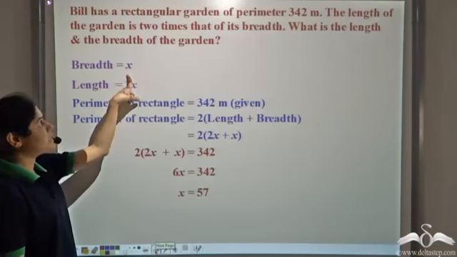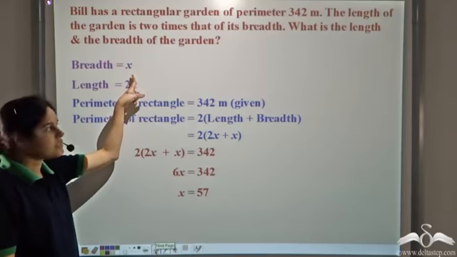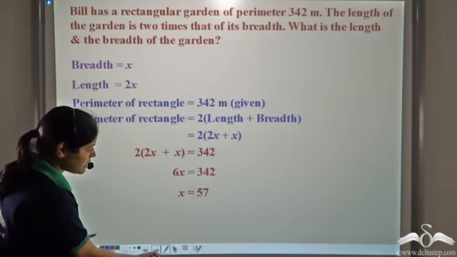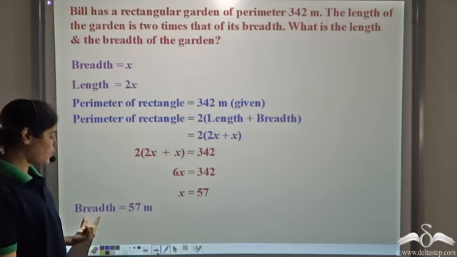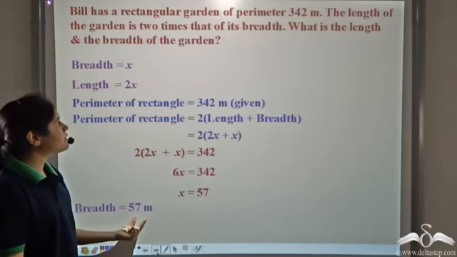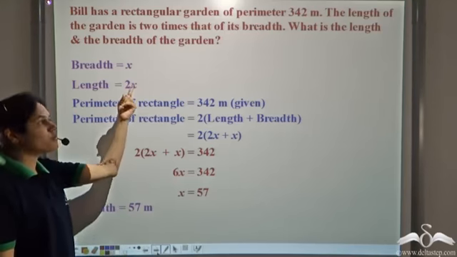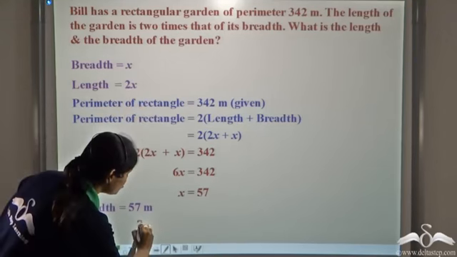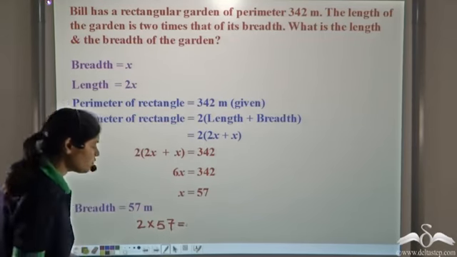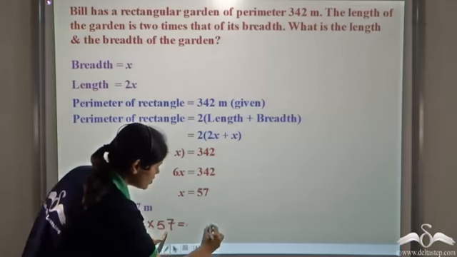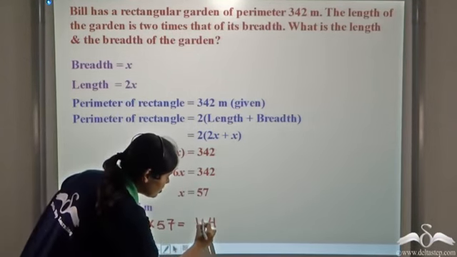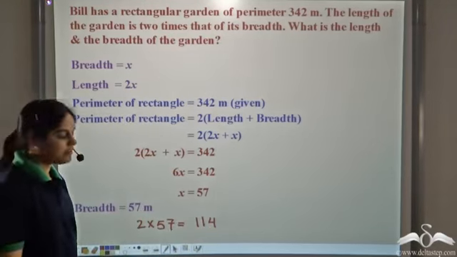Now we have taken breadth to be x. So we can say that breadth is equal to 57 meters. And what will be the length? Length is 2 into x. So it is 2 into 57, which is equal to 2 sevens are 14, 1 carry, 2 fives are 10, so 10 plus 1 gives us 11.